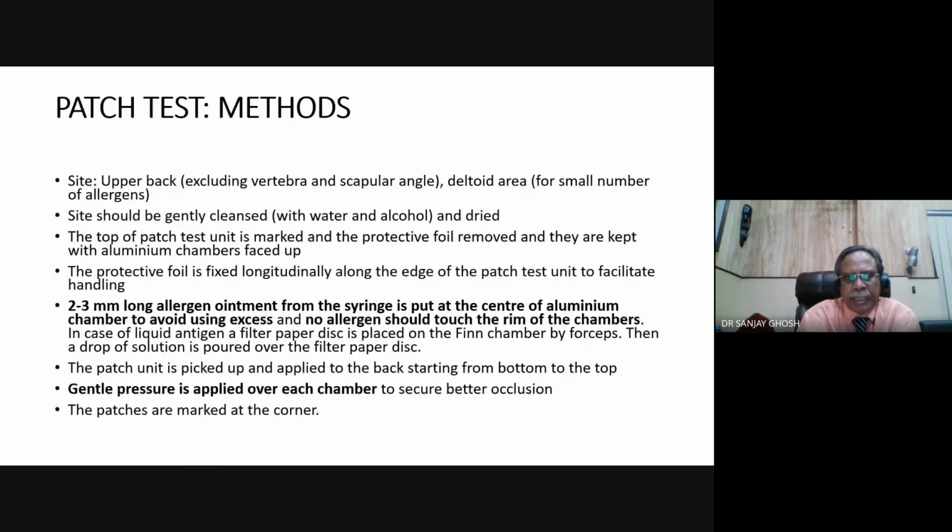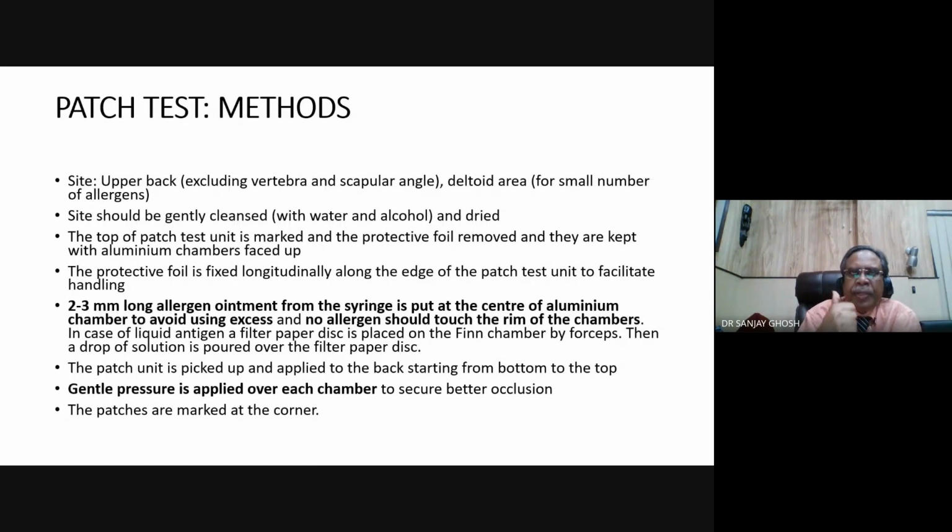Again, I am not going into details of the method, but two very important points: only 2 to 3 millimeters of allergen should be given. Otherwise, it will be too much, so it can give a hyperreaction. And number 2, no allergen should touch the rim of the Finn chamber. That's important. Otherwise, you'll get edge effect.